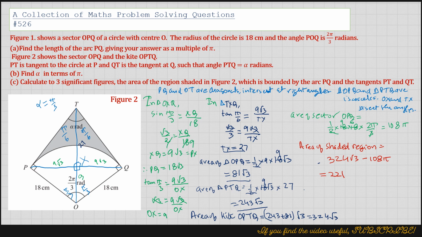I get 221.4. But we need correct to 3 significant figures, so that is approximately 221 centimeters squared. Okay, so that is the area of the shaded region.